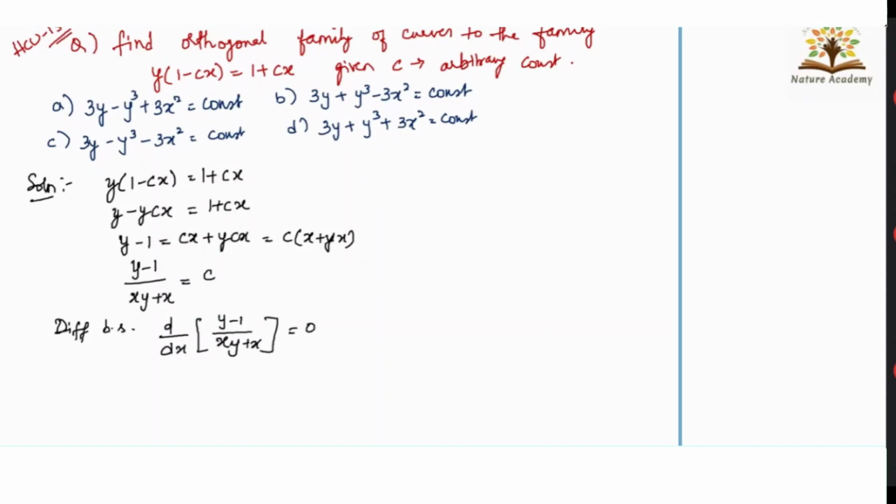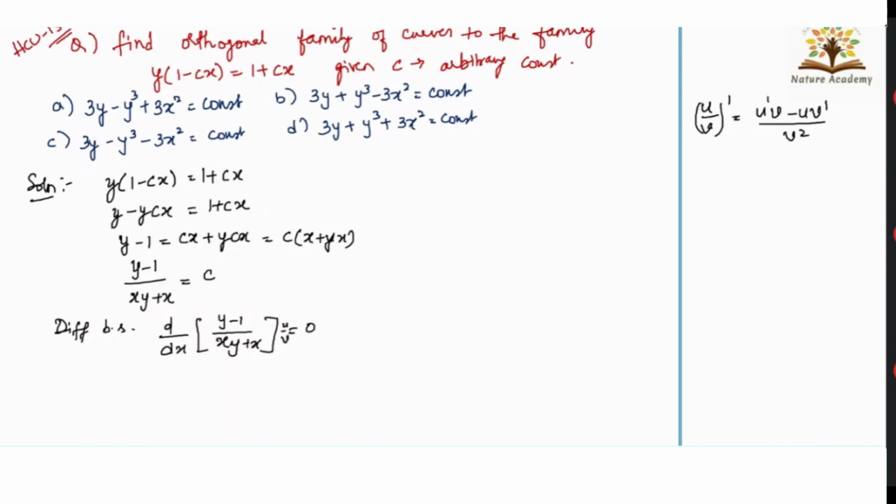Now I have to differentiate it. A little bit tedious because this is in the form u by v. So for u by v, if you find differentiation, the whole dash will be equal to u dash v minus uv dash by v square.